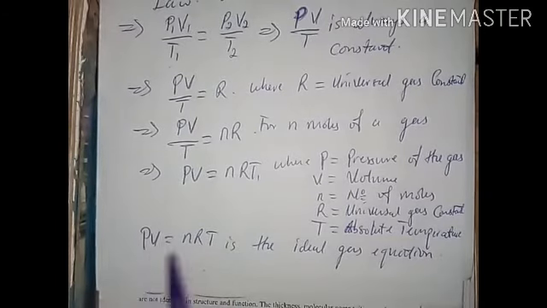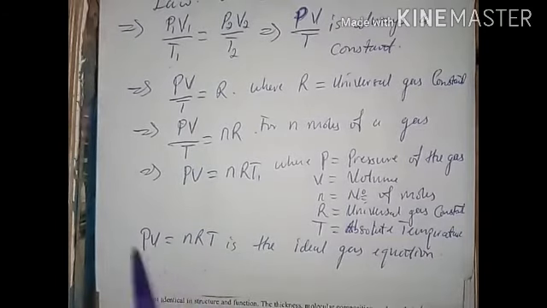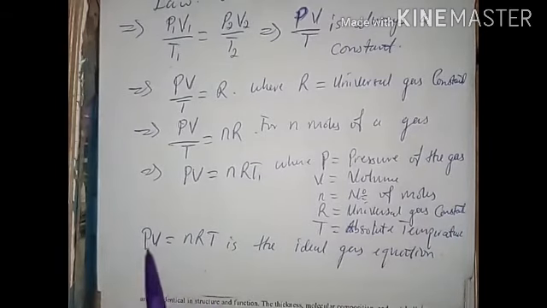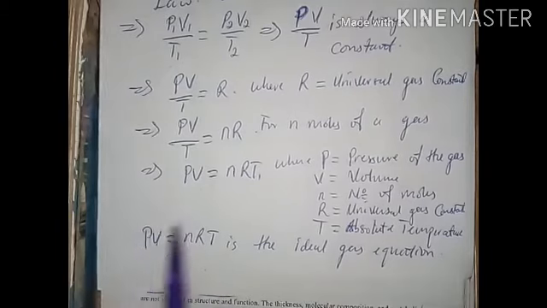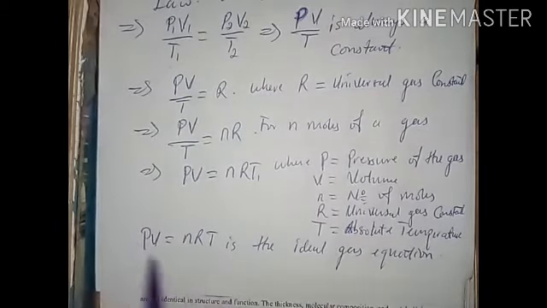If we divide all through by V, once P is increasing, V is decreasing. Or if we divide all through by P, once V is increasing, P will be decreasing. So you can see that Boyle's law, Charles' law, and Lucas' law show their manifestation in this ideal gas equation.